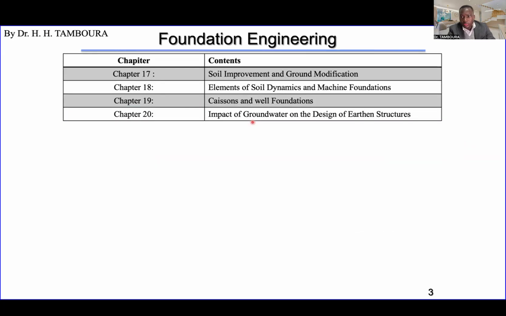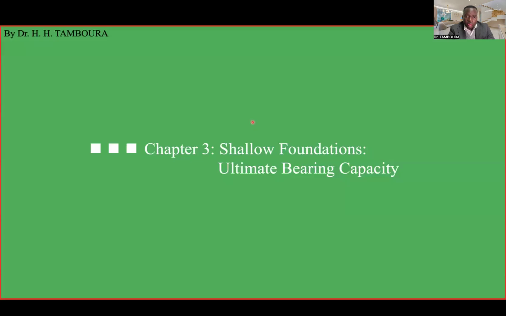I think in the previous video, we covered the general formula of ultimate bearing capacity, depending on the type of failure, general shear failure or local shear failure. We did this for several foundation shapes: strip footing, square foundation, and circular footing.